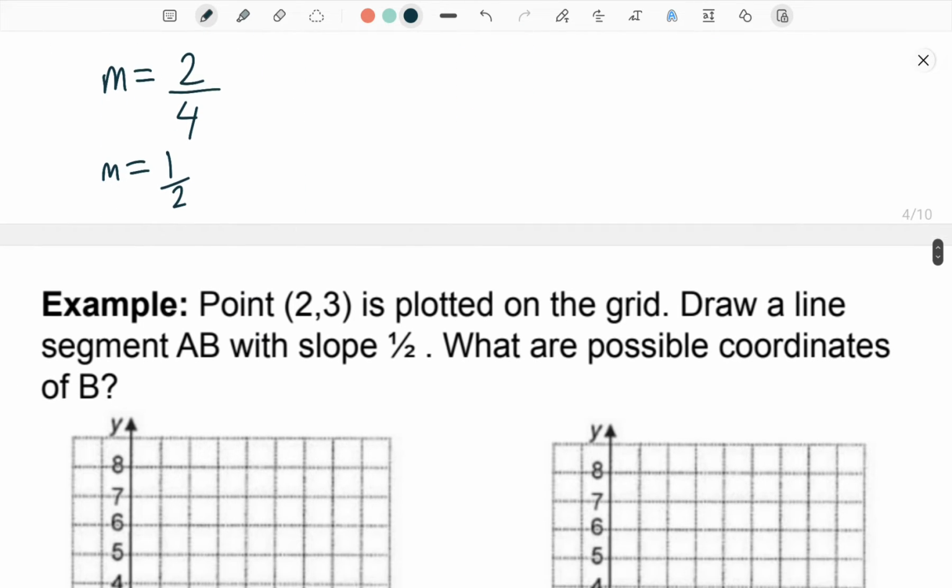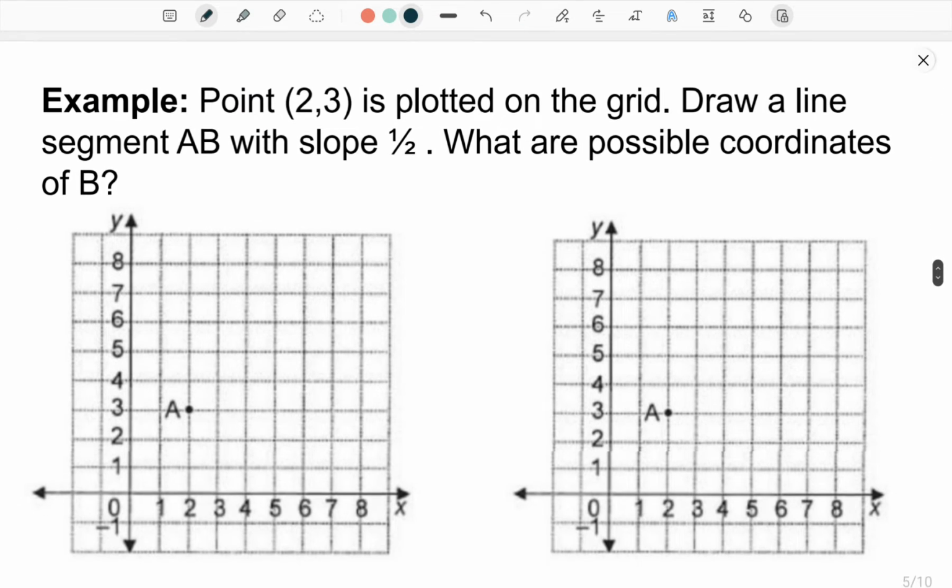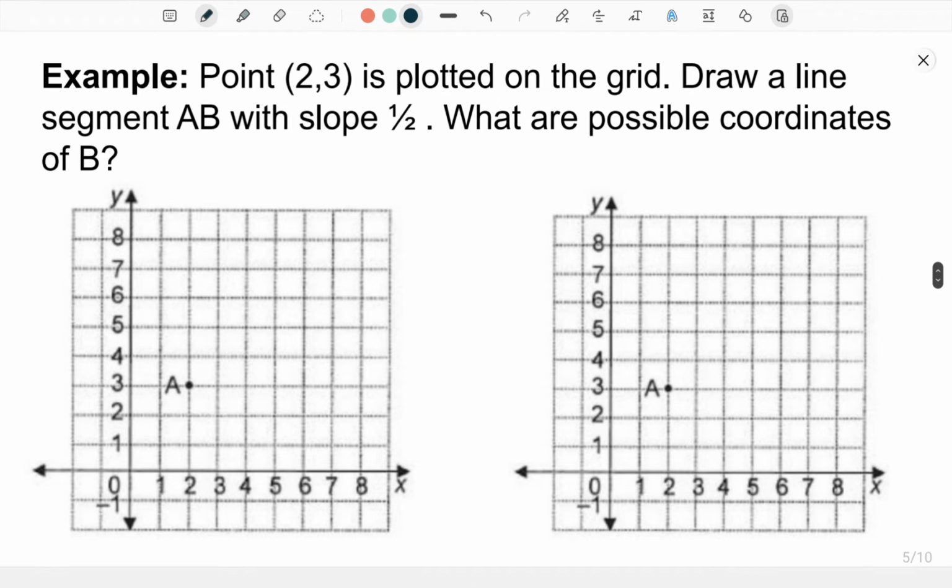Let's continue and look at some other important things. Sometimes you might be given a point and you want to draw the line of a graph, but you just have, let's say, the slope. So how can you, with a single point and the slope, figure out what your graph is going to look like? What does slope tell us?